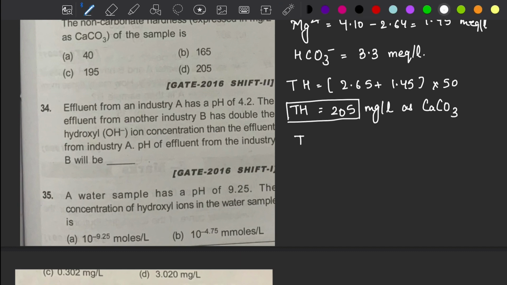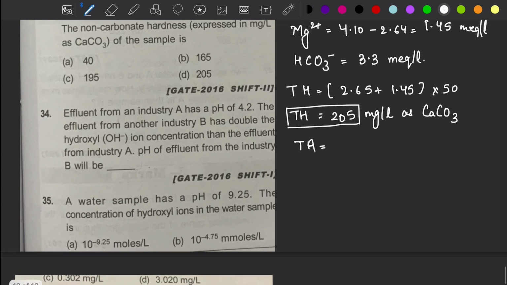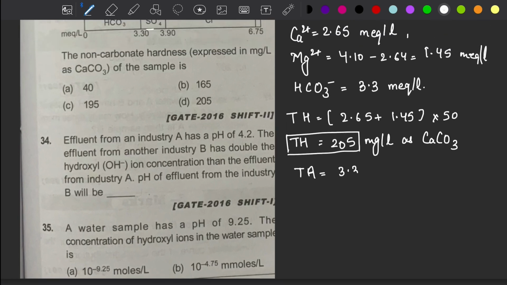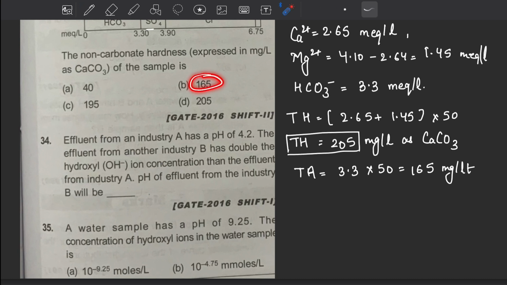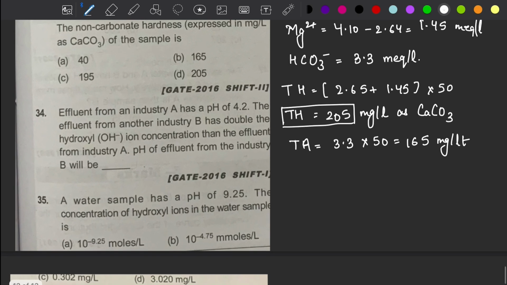Now we want to know total alkalinity, because I need to check carbonate hardness as well. Total alkalinity will be 3.3 into 50, which is 165 milligram per liter. This is also in the options, option B, but this question is still not completed.